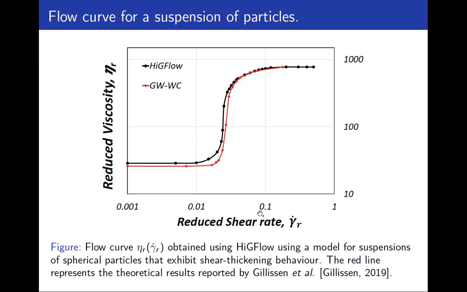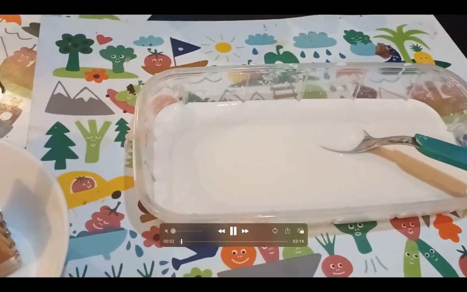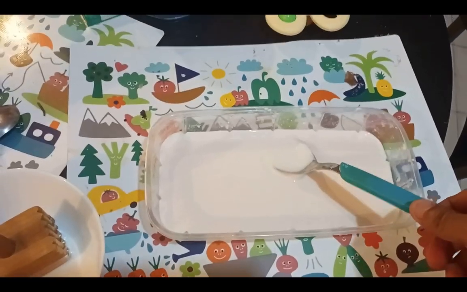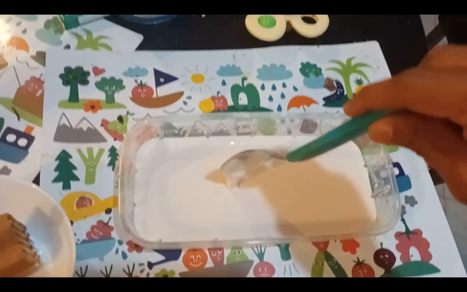And now I would like to illustrate this behavior using an experiment that I did at my home. I mixed cornstarch with water, and I will show it to you in a second. Now I would like to show this experiment I made at home, which consists of mixing cornstarch with water.